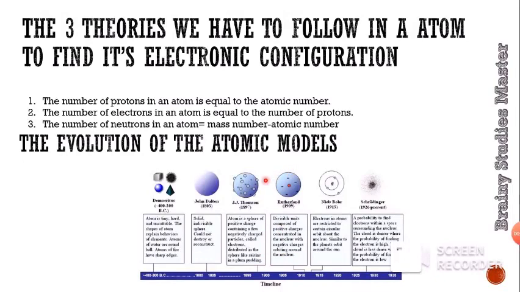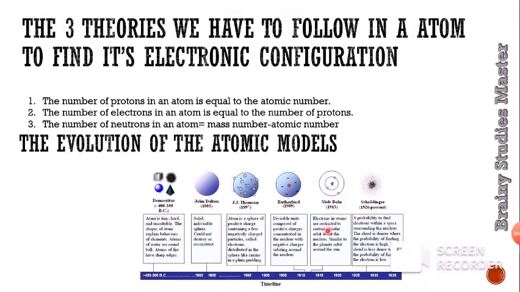He was more brave than J.J. Thomson, and then came Niels Bohr, who found this in 1913. Now in this video and in our day-to-day life, we are using Niels Bohr's idea.